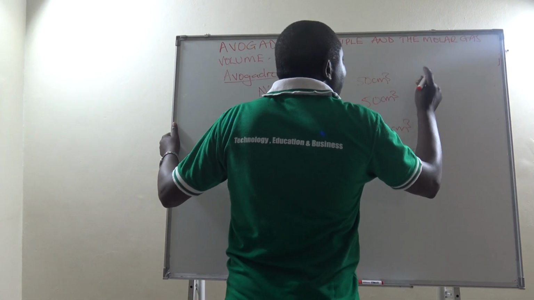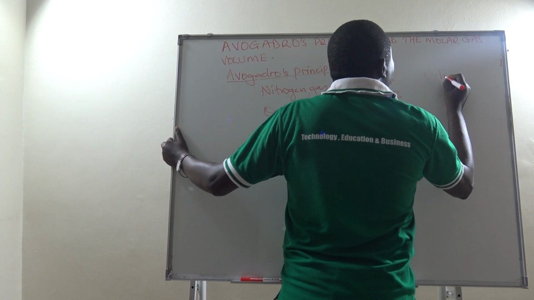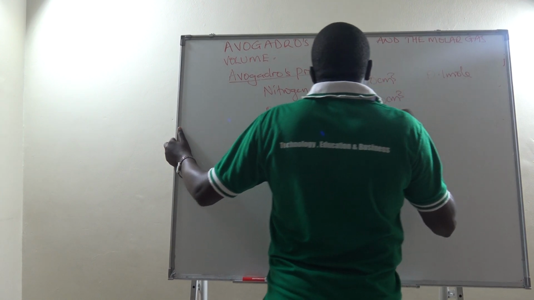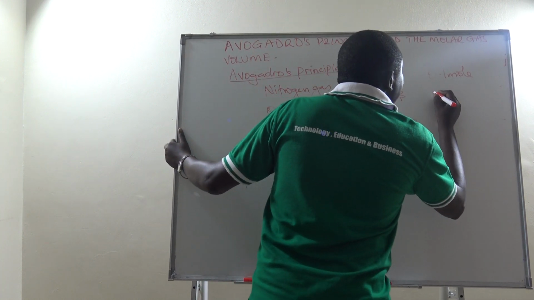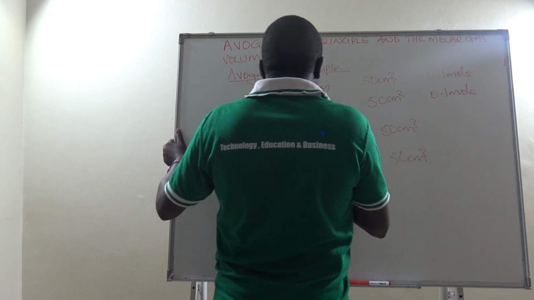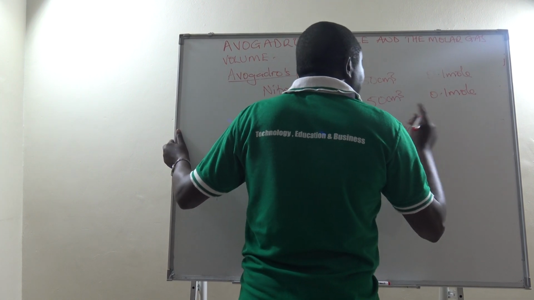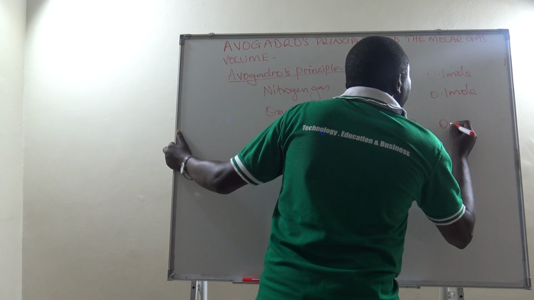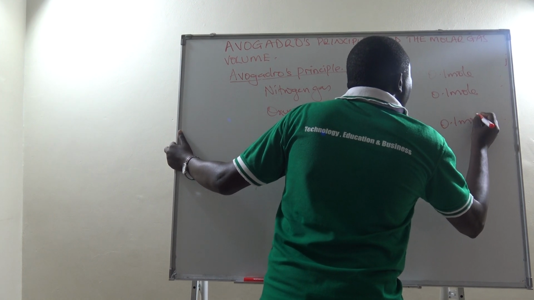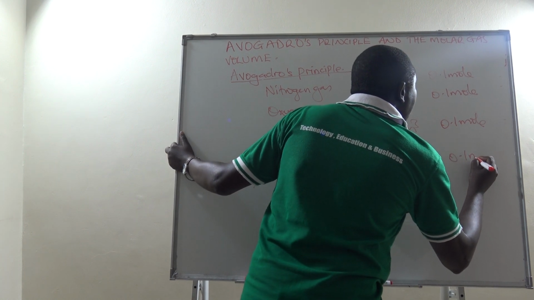If nitrogen gas in the 50 cubic centimeters had 0.1 mole, then oxygen had the same number of moles, that is 0.1 mole. Carbon dioxide, 50 cubic centimeters, also had 0.1 mole. Even ammonia had also 0.1 mole.